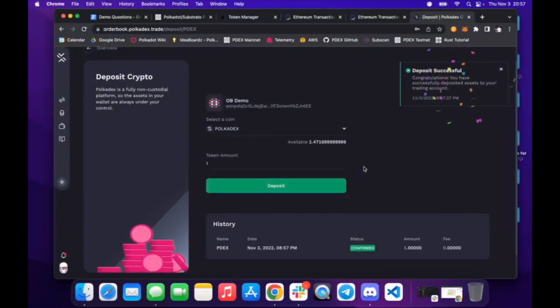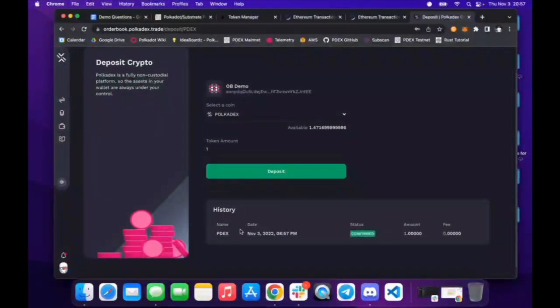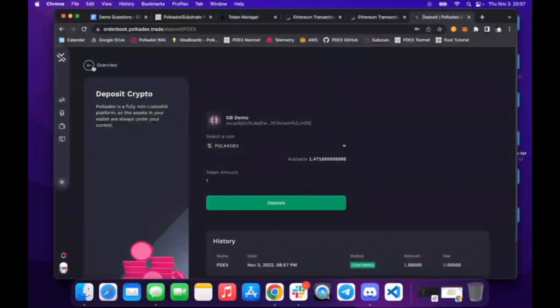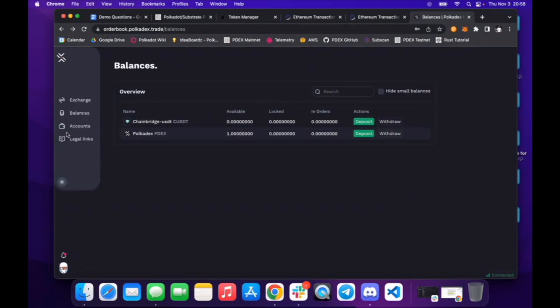The deposit is successful. You'll see this nice, cute little animation here. And you can see your history here, the time of deposit, the status, the amount, and the fee charged. I can see my balances here, what my PDEX balance is, and what the tokens balance is.